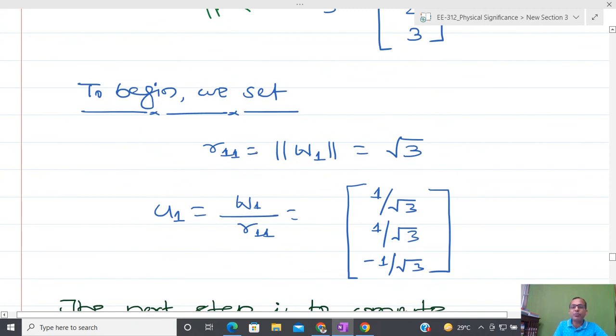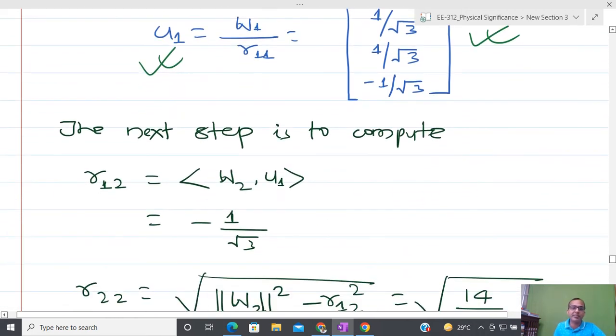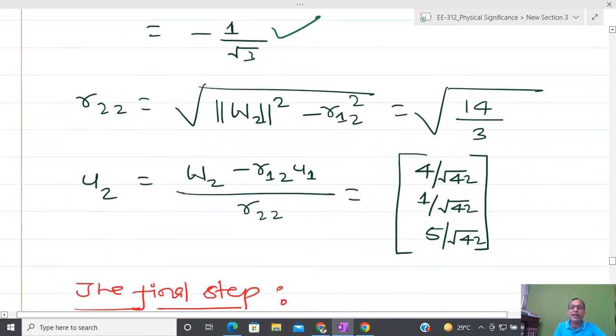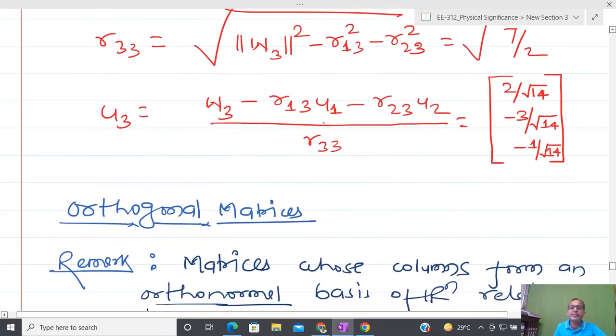R11 I have constructed as the square root of w1, and u1 I can construct in this way. So the first orthonormal basis vector is constructed. In the next step, I have to construct r12, taking the dot product of w2 and u1. In this example this is the dot product. Then r22 I can construct similarly, and after that I divide, and in this way I can find the orthonormal basis directly.